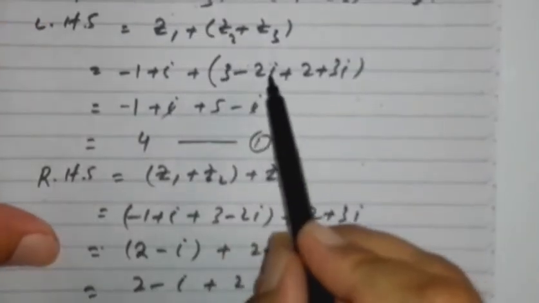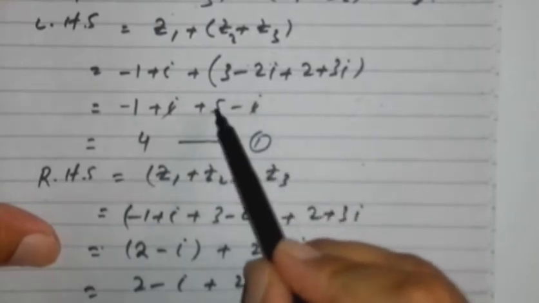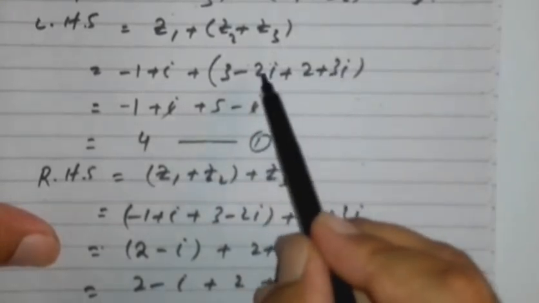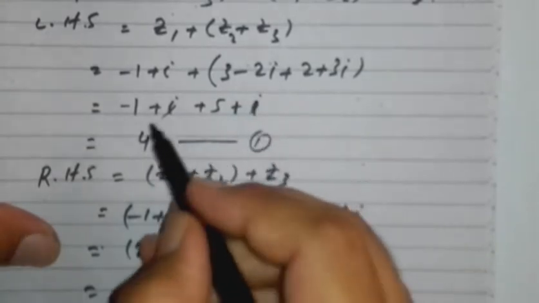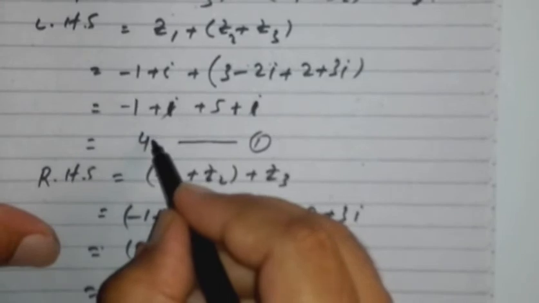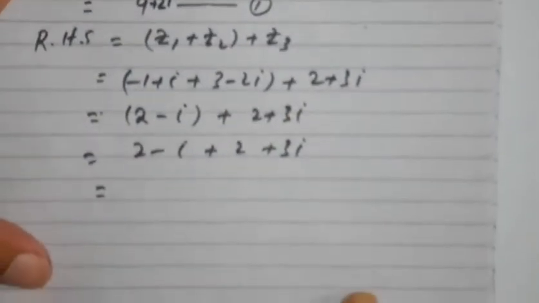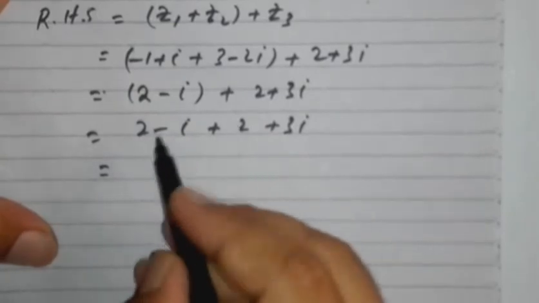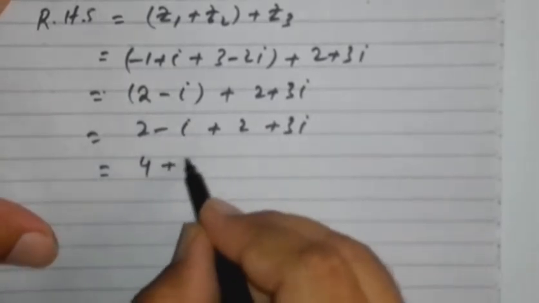Look here, 2 plus 2 we get 4, and 3 iota minus iota we get 2 iota.